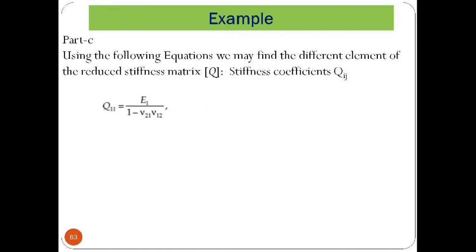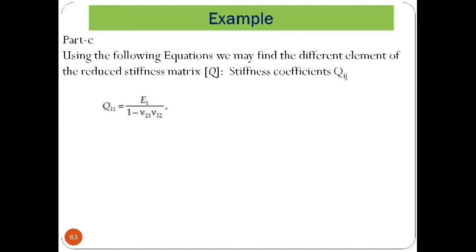Now, as part C, we have to use the following equations in order to find the different elements of the reduced stiffness matrix, that is capital Q, and obviously the different stiffness coefficients as Qij.